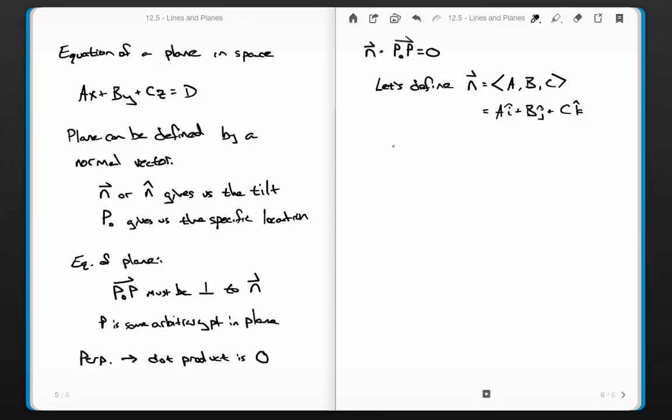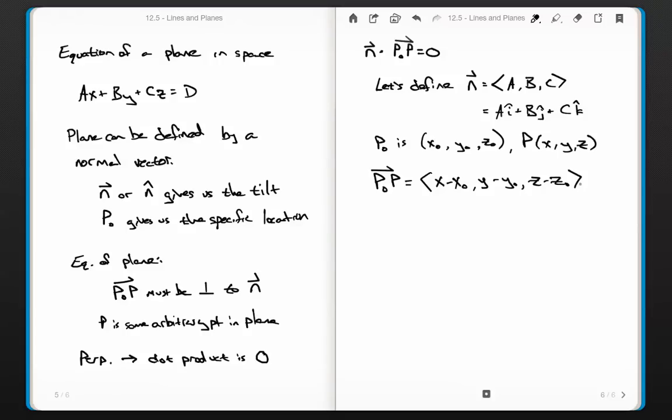So if P0 is x0, y0, and z0, and then P is just x, y, z, then the vector P0 to P, this is the tip, this is the tail, is going to be x minus x0, y minus y0, and z minus z0.